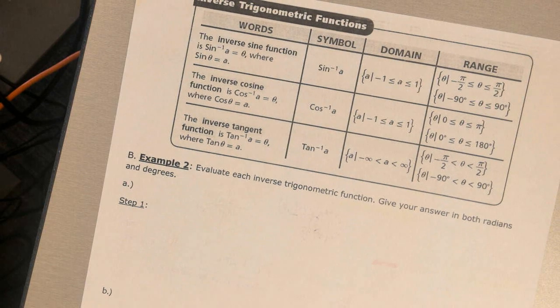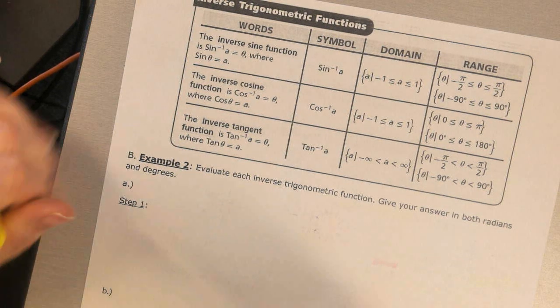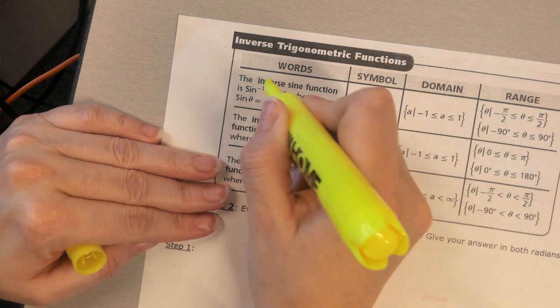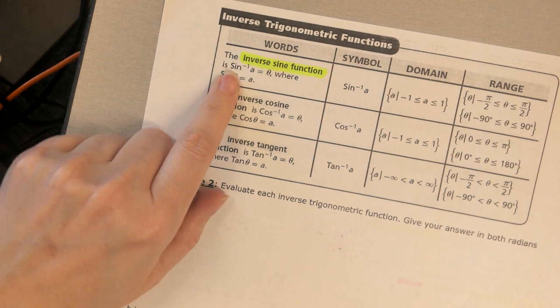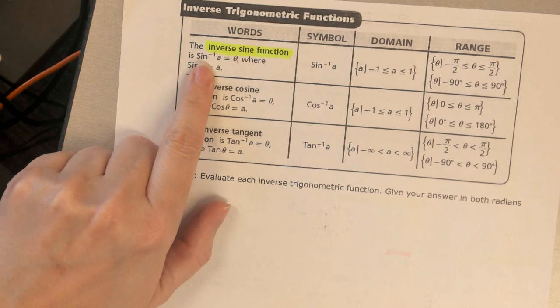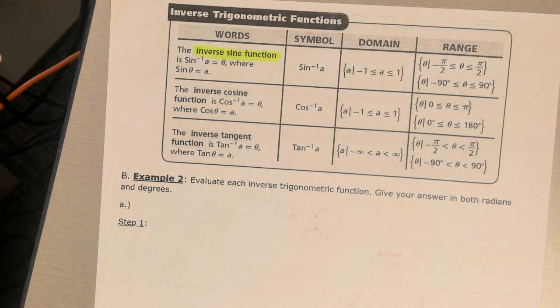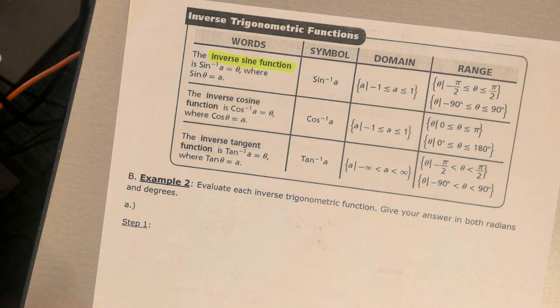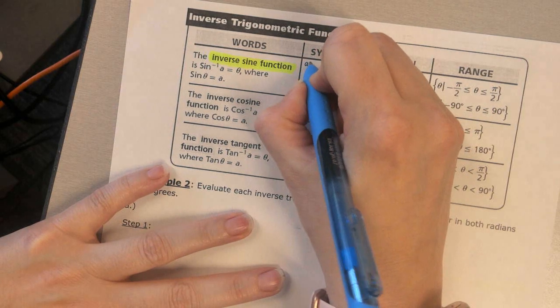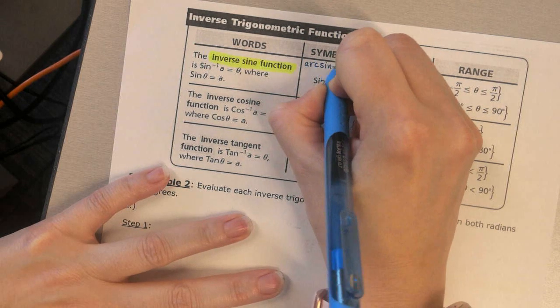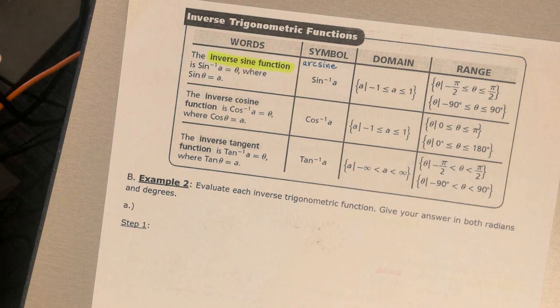Okay, so the first function we're going to look at is the inverse sine. Like I told you in this textbook, it is related with a capital letter. So you can call this the inverse sine function. It also has another name. It is called the arc sine.